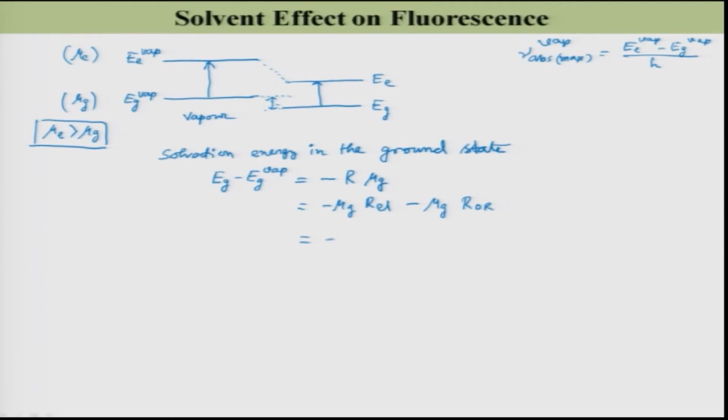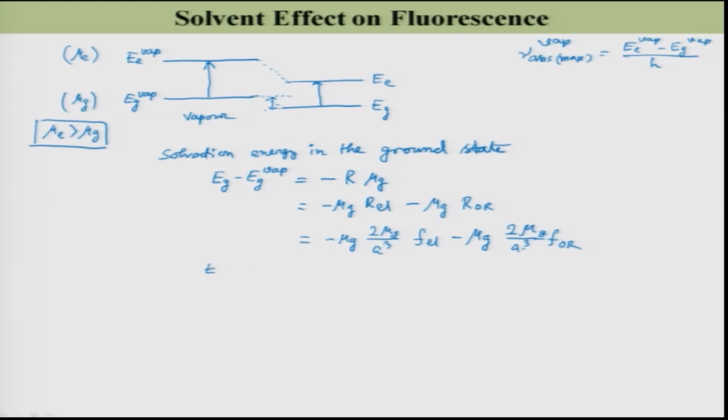So, let me write that: minus mu g, 2 mu by a cube, where a is the radius of the cavity of your solute, into f EL, minus mu g, 2 mu by a cube f OR. So, this mu in 2 mu by a cube, which mu is this? This molecule is in the ground state, so that should be mu g, right. So, 2 mu g, and this also 2 mu g.